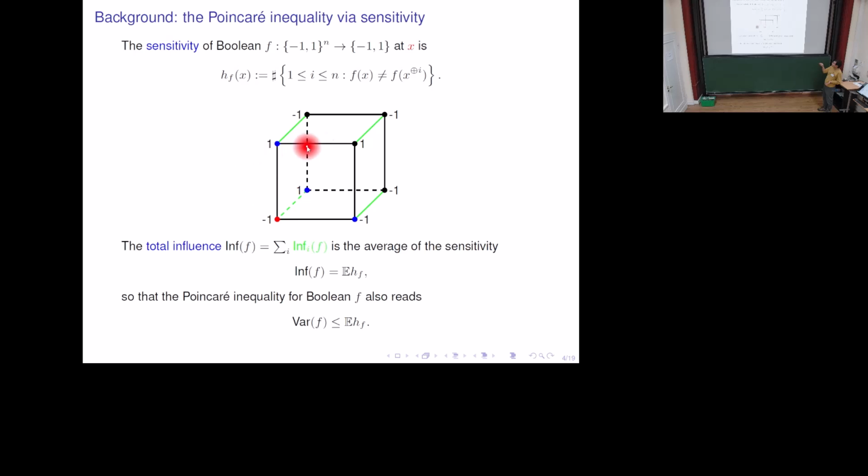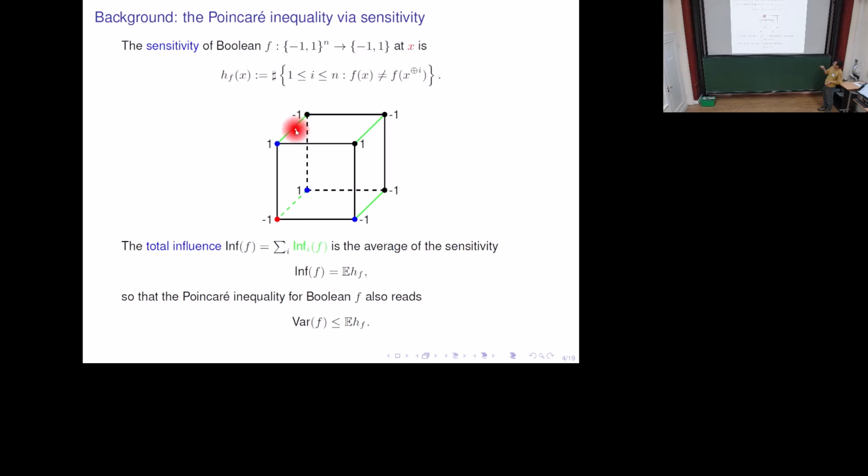For example, for this 3-dimensional Boolean cube, you have 3 directions, you have 3 coordinates. If you look at the coordinate that corresponds to this green direction, you have 4 pairs of points. Then you look at the number of pairs where the function has different values. That is how you define the individual influence.